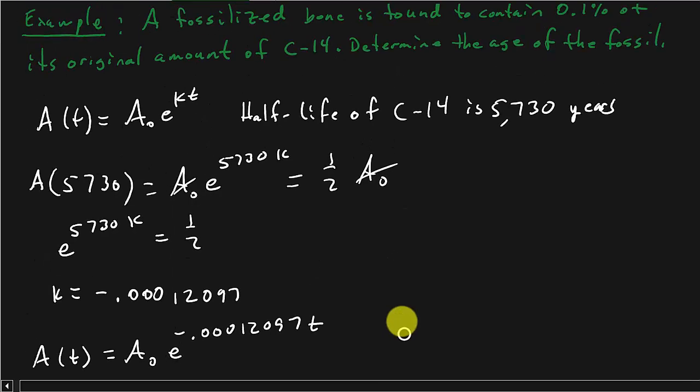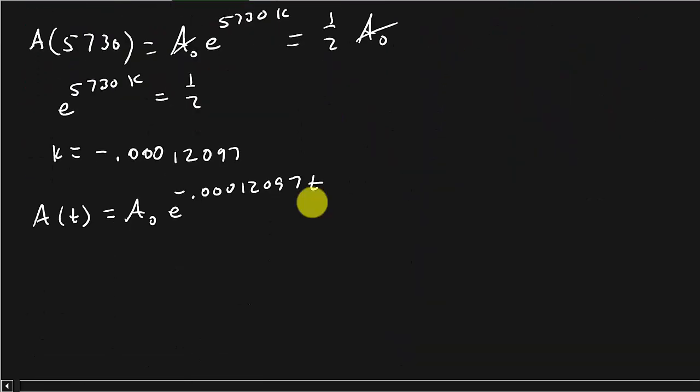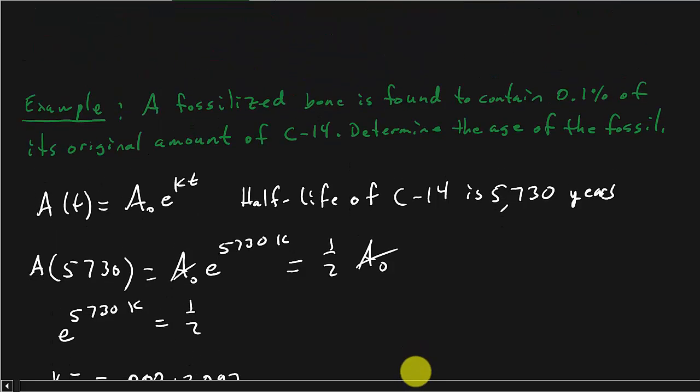So what does it say here? They want to know how old is the fossil. So we're looking for t. It says a fossilized bone is found to contain this percent of its original amount, which would be 0.001. That's how much is remaining.